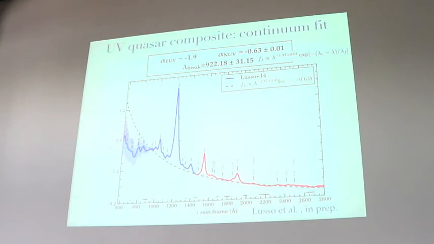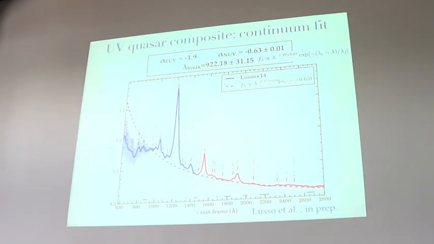And we actually model the break through this formula, which is around 1000 angstrom. And the composite gets softer at shorter wavelength, around minus 1.9. So just to give you some numbers to use.